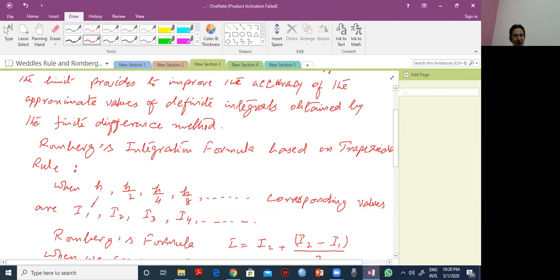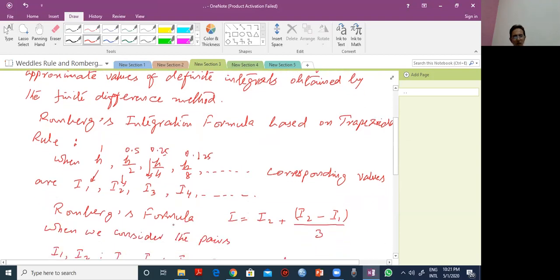Suppose h is 1, then 0.5, 0.25, 0.125. So the first integral value, when h is 1, we call I1. When h is 0.5, we call it I2, the second definite integral value. And when h is 0.25, we call it I3, and so on.